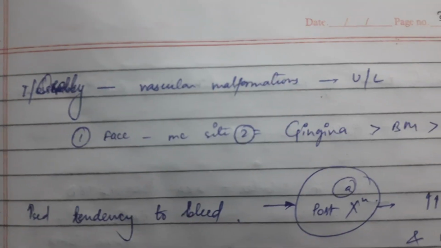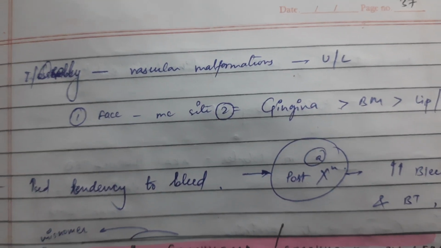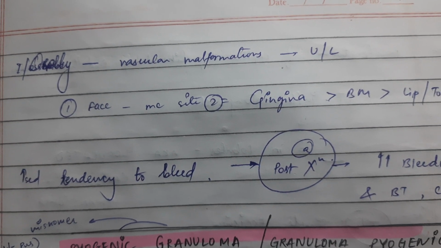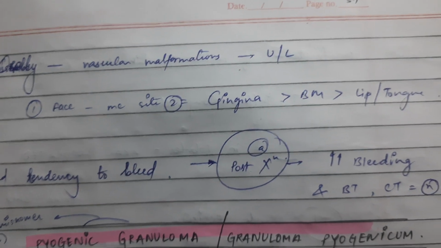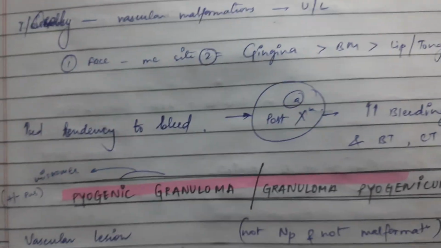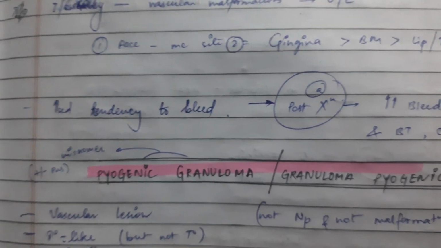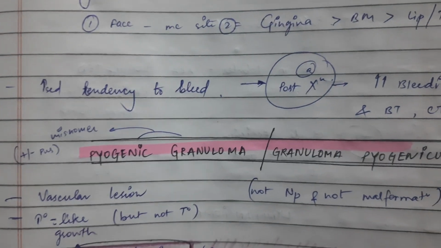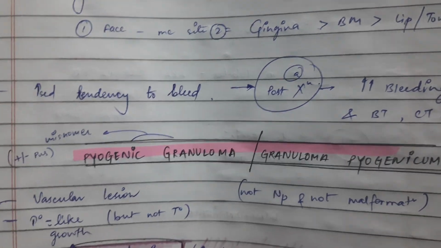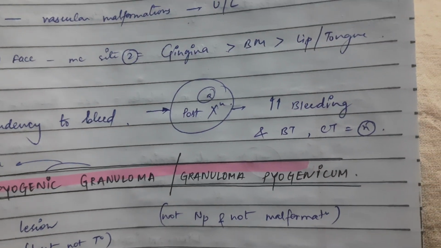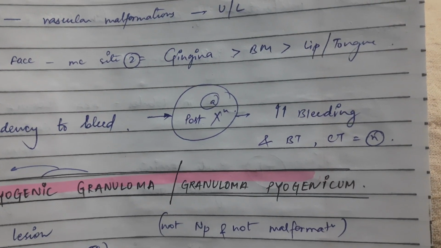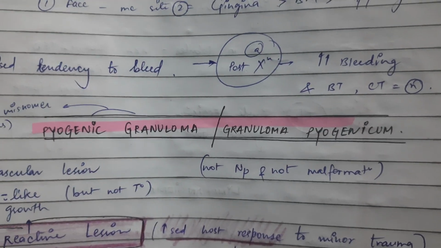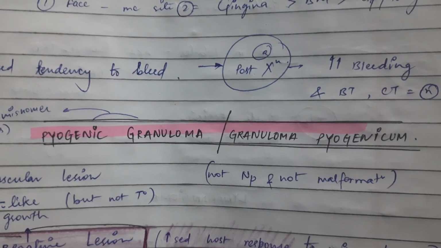Phakomatosis. Intraoral vascular malformations are usually unilateral. Most common site is face, and then gingiva, then buccal mucosa, lip, and tongue. Increased tendency to bleed post extraction. So most of the time it is discovered at the time of extraction if no port-wine stains are present.